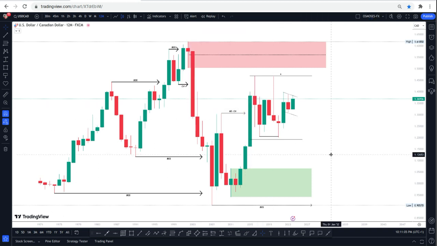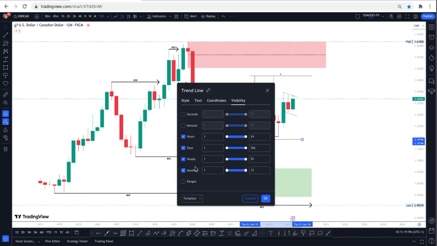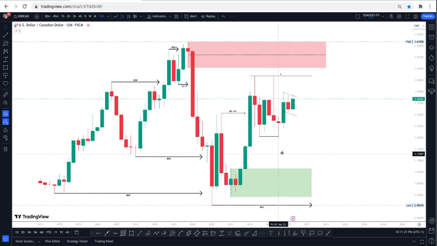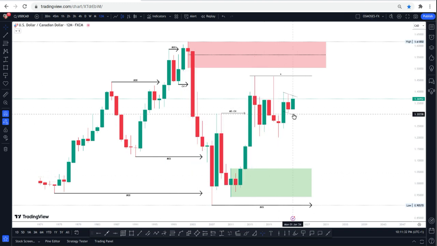So there's a demand here. This looks like it's not useful here. Also this looks like it's not useful here. Also this looks like it's not useful here.